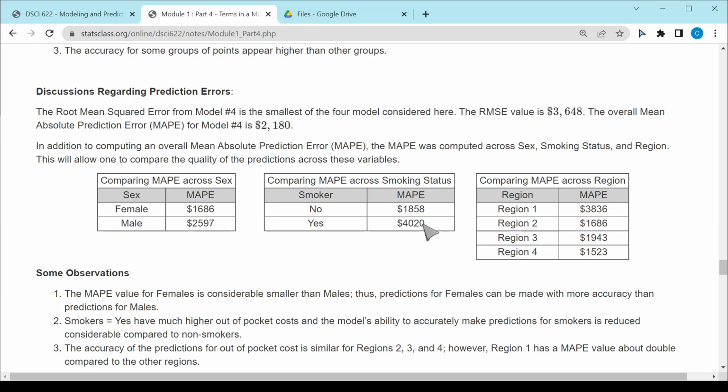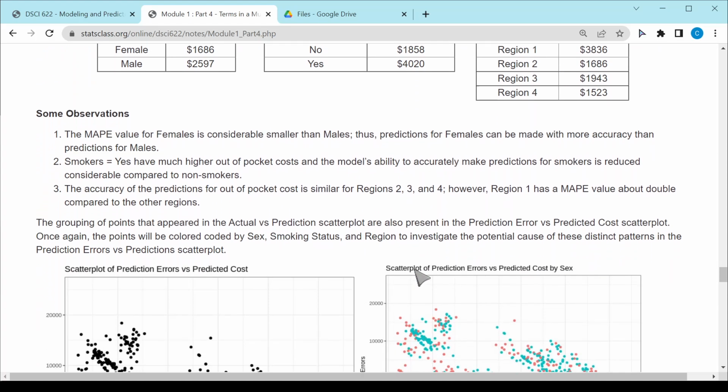What that means is I'm able to make more accurate predictions about out-of-pocket costs for my non-smokers than for my smokers. Over here, regions 2, 3, and 4 have a MAPE value of around 1,500 to about 2,000, but region 1 has a much larger MAPE value of $3,800. So my predictions for region 1 are not as accurate as these other regions.